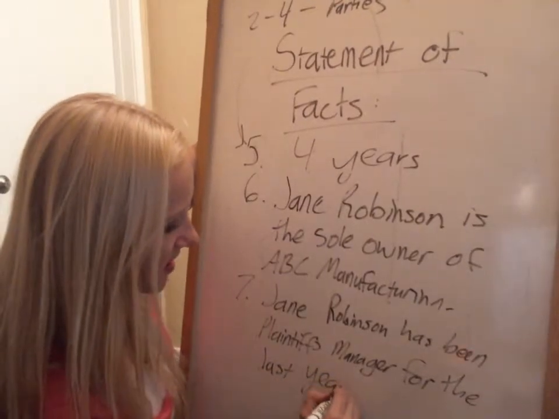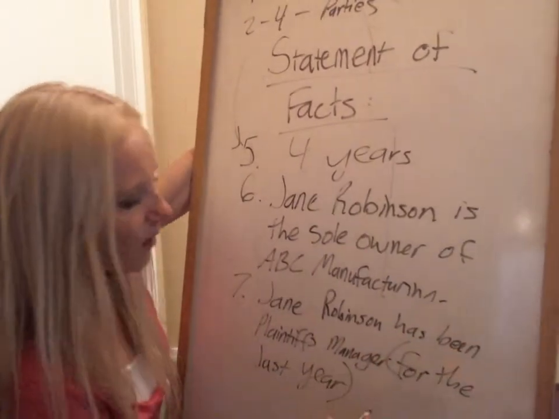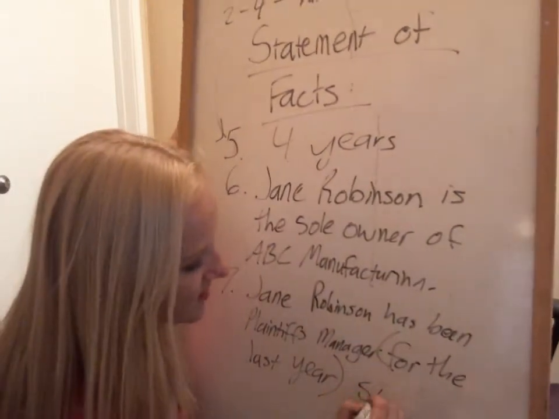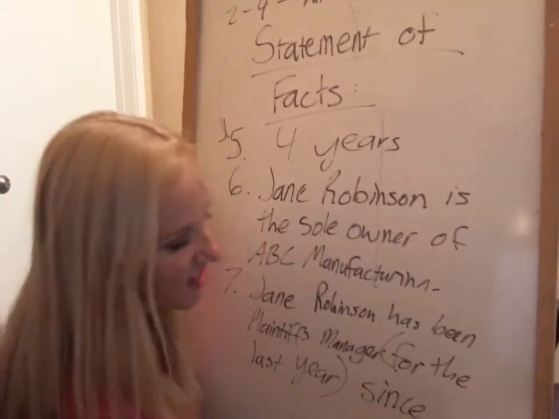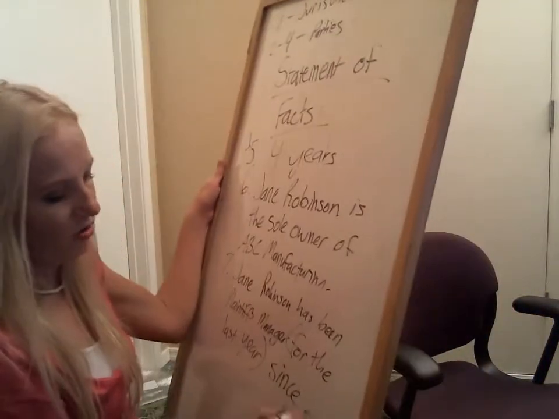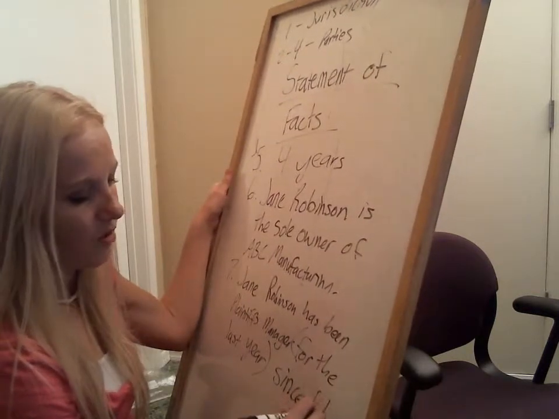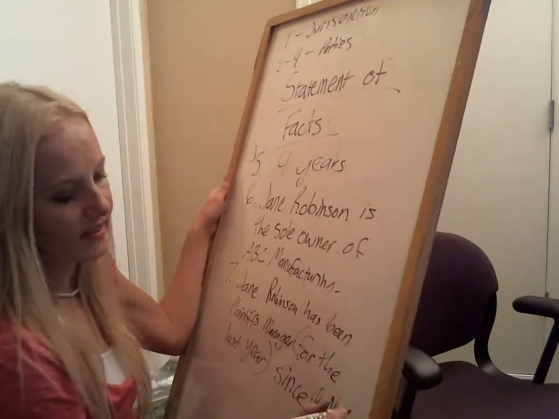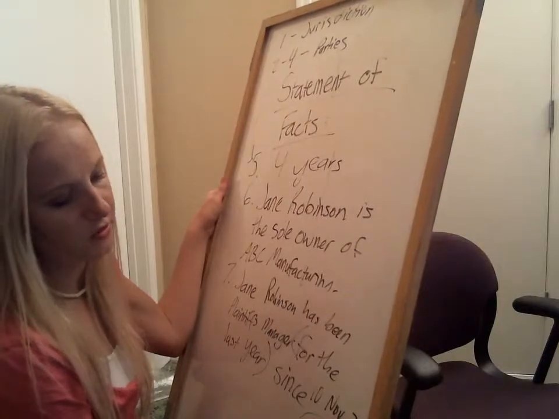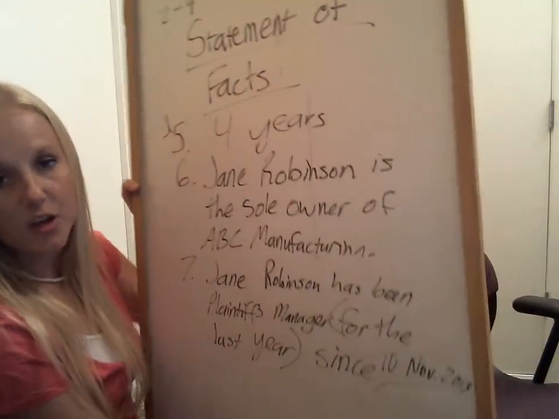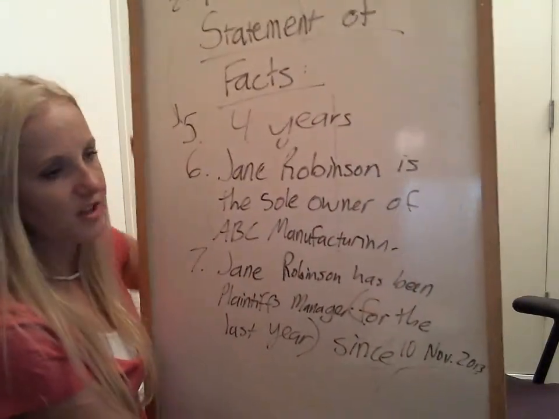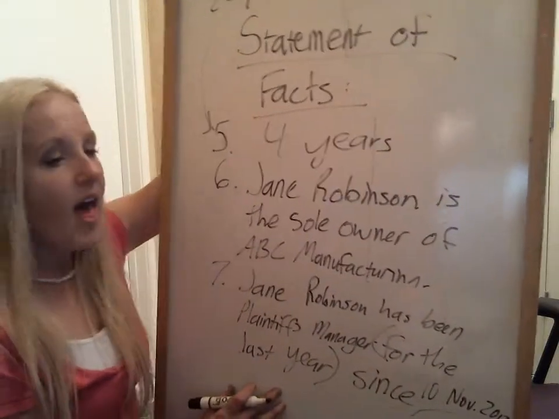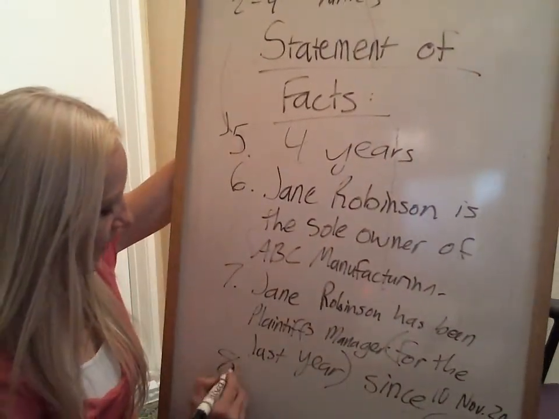And actually, instead of saying for the last year, I would probably put since and then list a specific date, like the 10th of November, and then list the year 2013 or whatever date you want to make up. That's again something that you have liberty to create. And so then you're going to keep listing the facts.